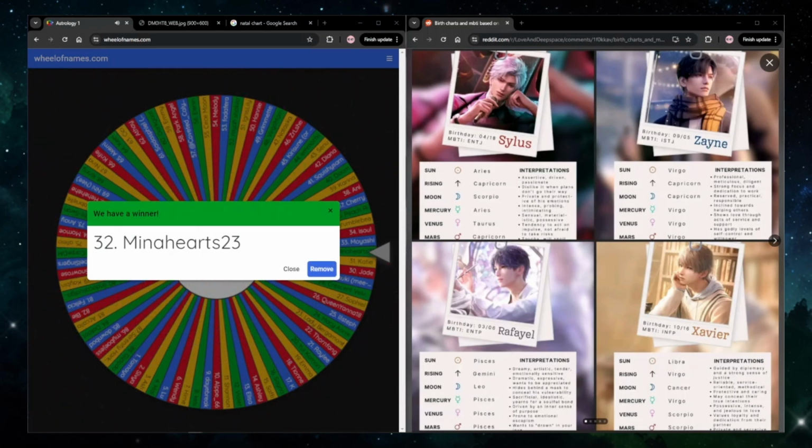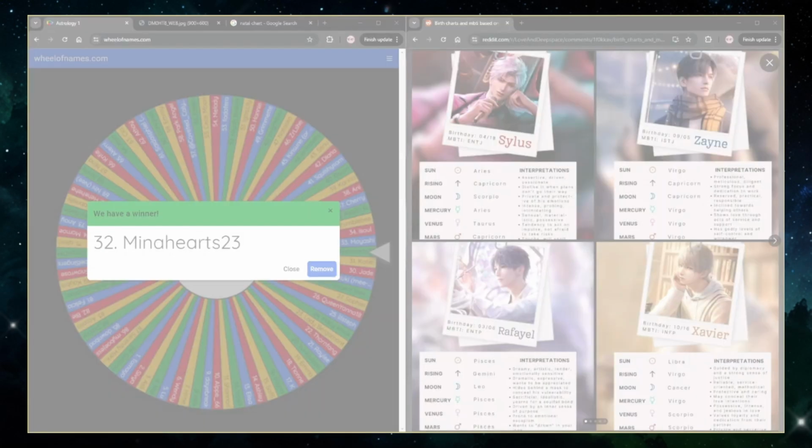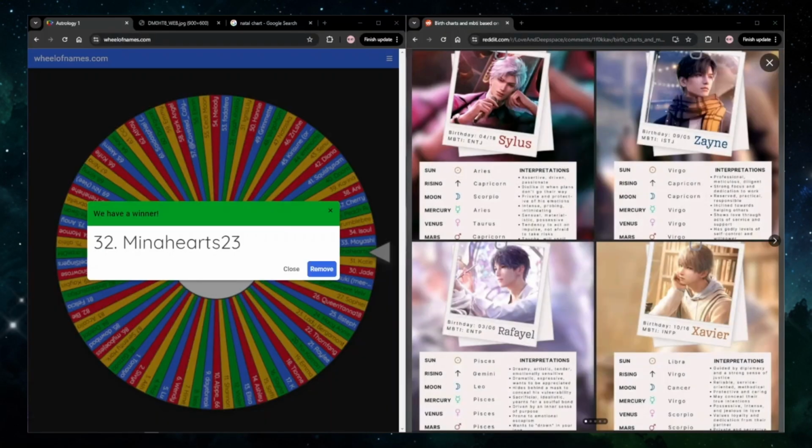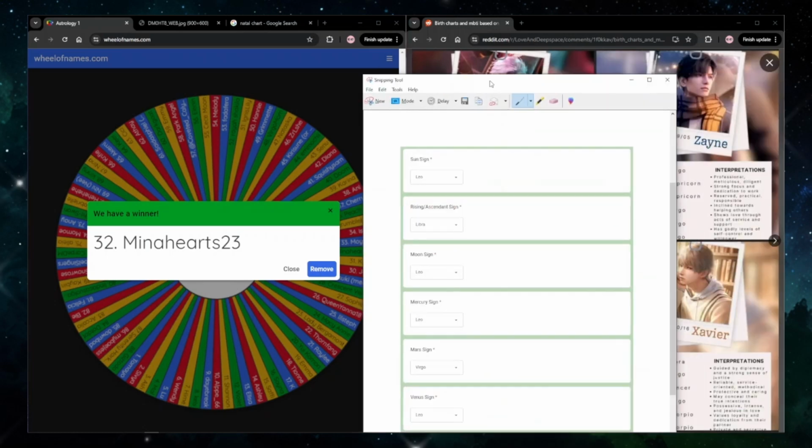So let's just type that in. Number 32. Okay. Alright, and then I'm just gonna take that screenshot of your birth chart right here. Perfect. And then we're gonna put it over here.